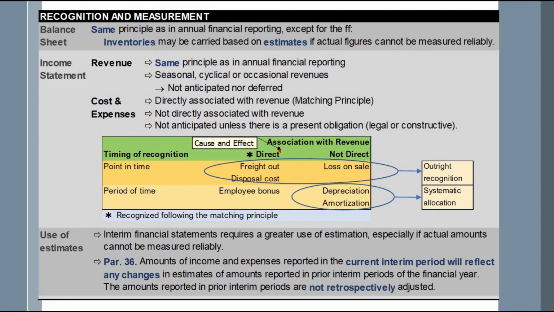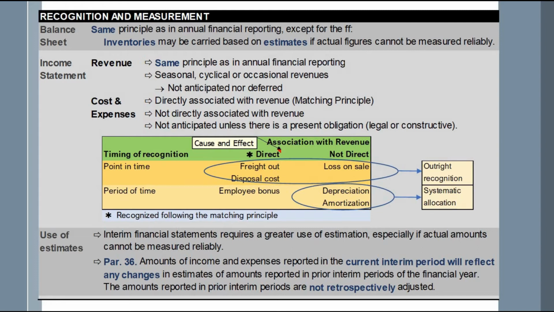However, there are instances where physical counts are not conducted at the end of the interim reporting period, so we cannot determine the actual physical count of the inventory for interim reporting purposes. In those situations, we are going to present inventory based on estimates.